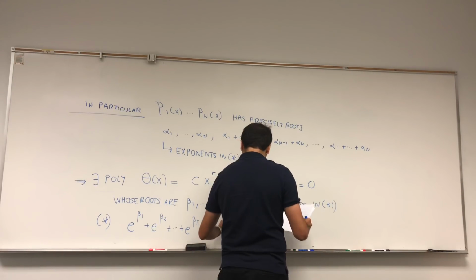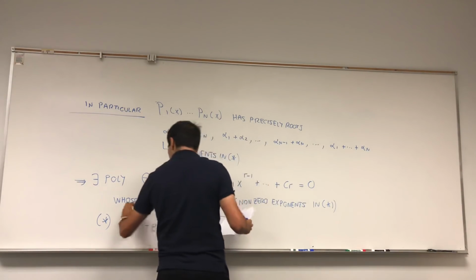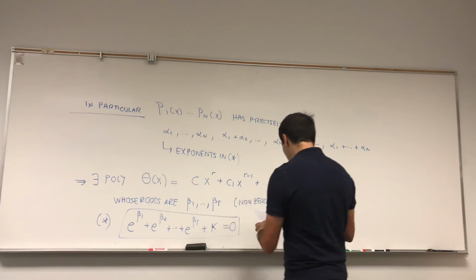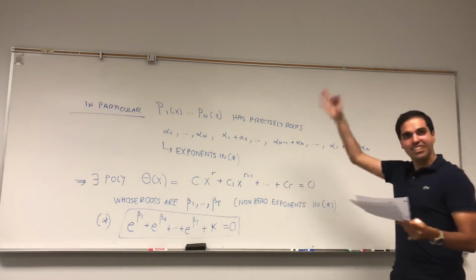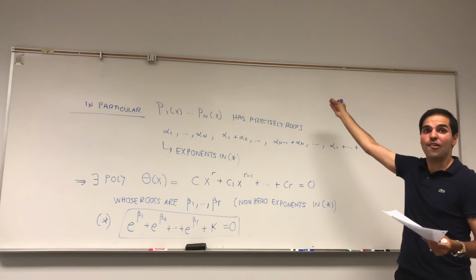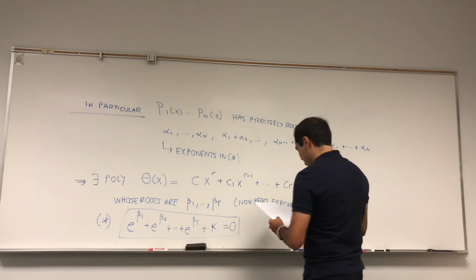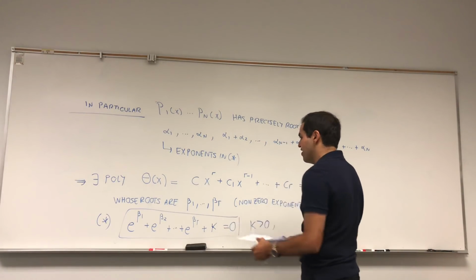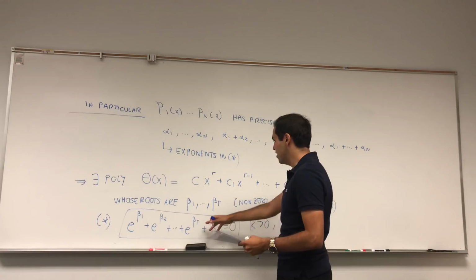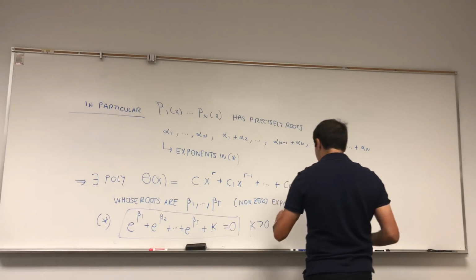K is not equal to 0. Where I think k is positive. Yes, it is positive because at least we had this one term at the end. So k is positive. And in fact, if you think about this, I believe k is like n minus r.